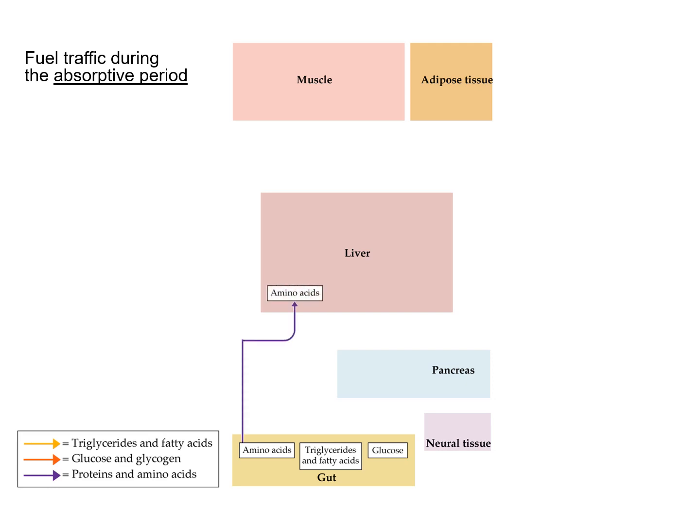Remember that all of the nutrients are absorbed into the bloodstream directly or indirectly. The fatty acids and triglycerides will first go into the lymphatic system and then eventually into the blood.